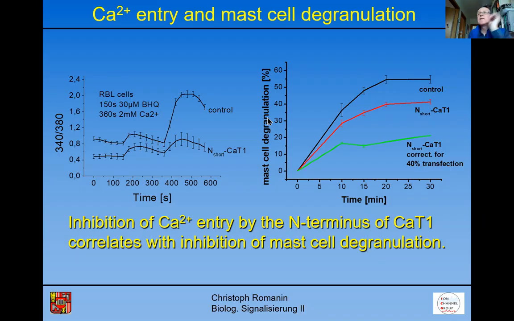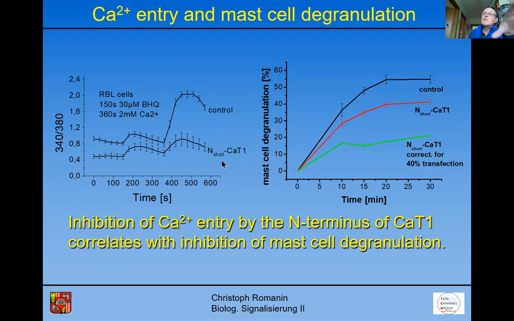But we have to take into account that whenever you transfect cells, the plasmid, meaning the amino terminus of CAT1, is not taken up by all of the cells to 100%. Here the cells have been selected in a way that only those cells that show a signal that they have taken it up have been measured. But in this assay, we cannot directly measure the cells that have taken it up.